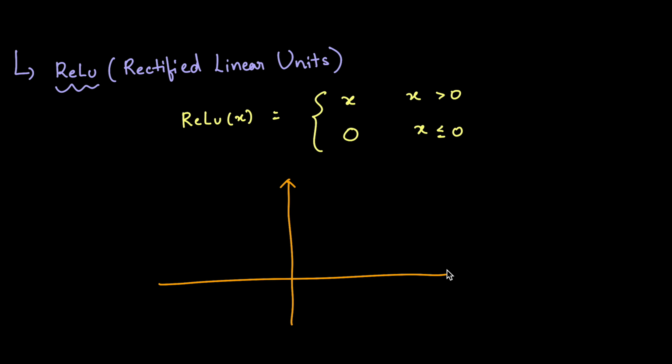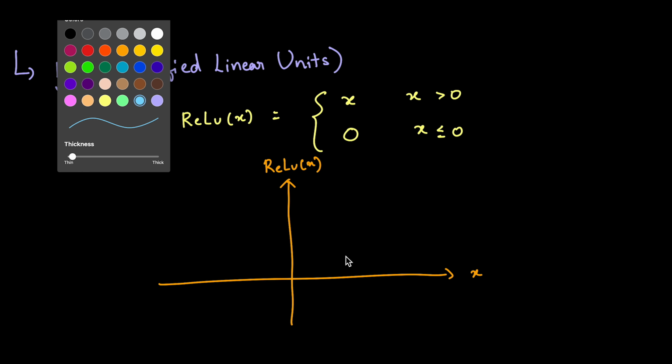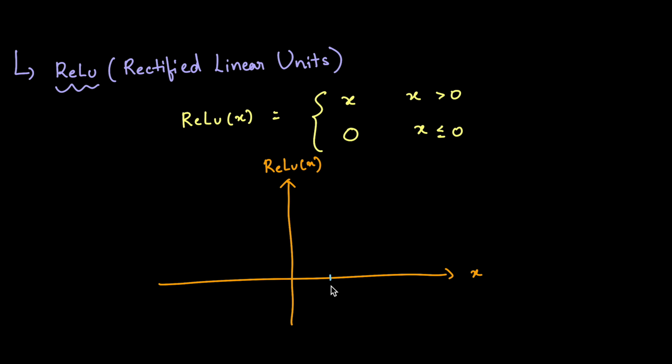So let's say this is our x and this is our ReLU of x, and according to this particular ReLU function that we have, if x is greater than 0, for 1 it will be giving 1, for 2 it will be giving 2, like that. Our line will be like this.